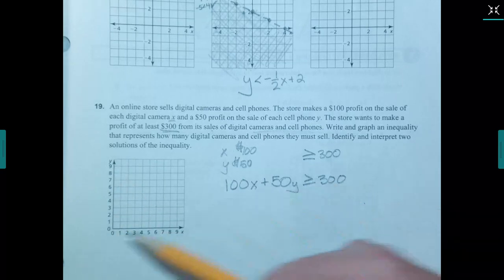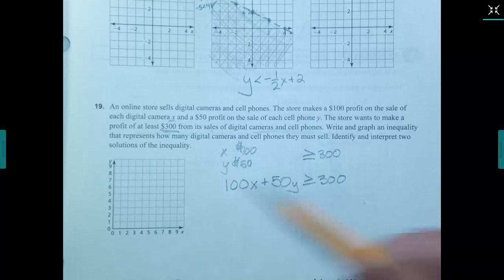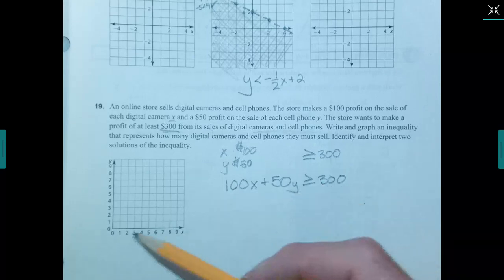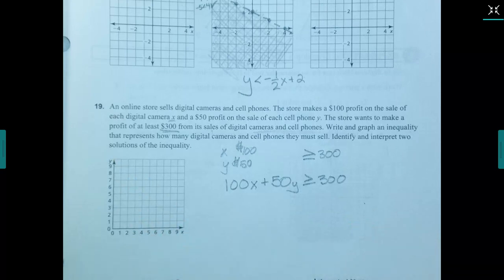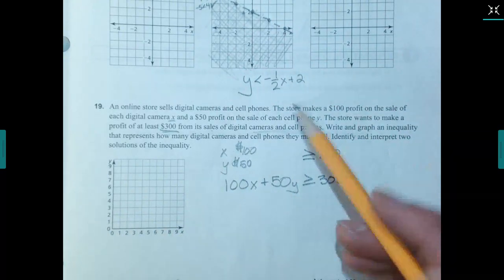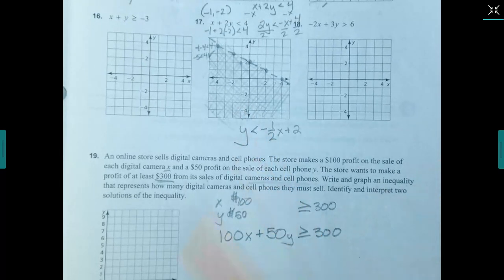We're in the hundreds and we're in the ones. Well, here we can simplify. Or maybe when you solve this for y, you'll be back down in the ones. Alright, give that a try. Finish this off. Graph the inequality. Don't forget, it's going to be an inequality, meaning you're going to shade in above or below the line.